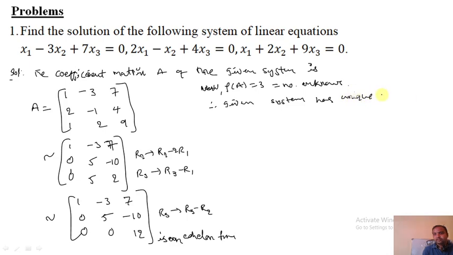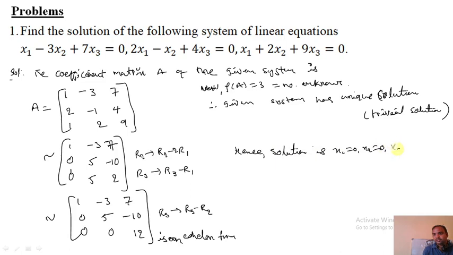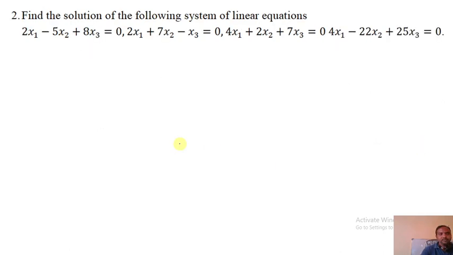Unique means zero solution, that is, the trivial solution. Directly you can write the solution is x1 equal to 0, x2 equal to 0, x3 equal to 0. This is the procedure. Now see another example.